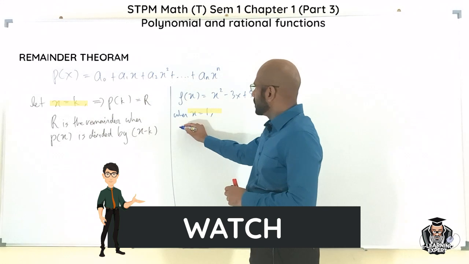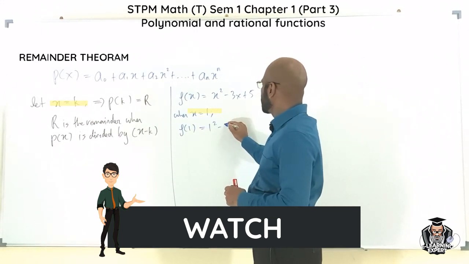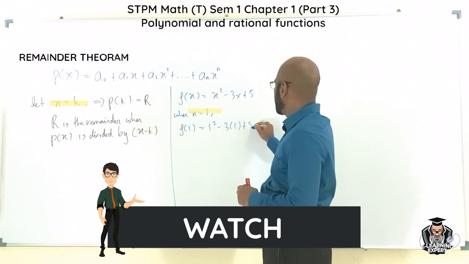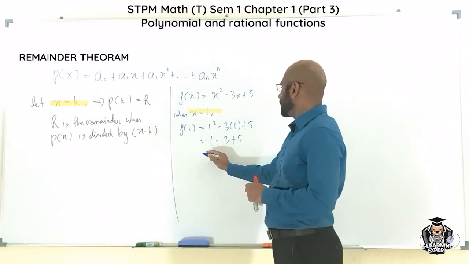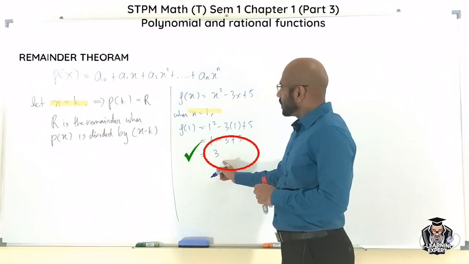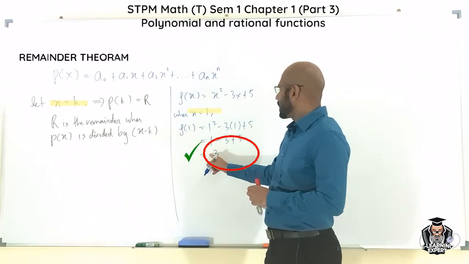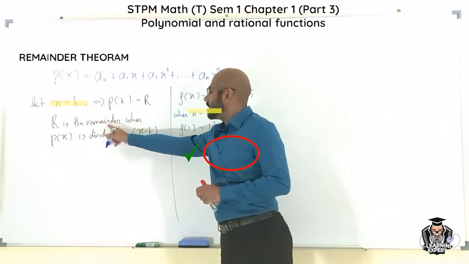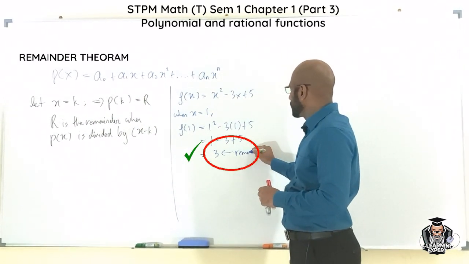I'm going to put inside the function f of 1, and this equals to 1 squared minus 3 times 1 plus 5, giving us 1 minus 3 plus 5 and we have 3. So this is what I meant when I put in k, I get r. In this case, when I put in 1, I get 3. And I said r is the remainder. So in this case, we have 3 is the remainder.